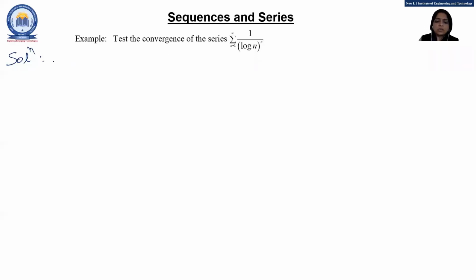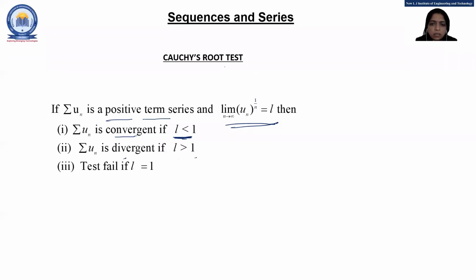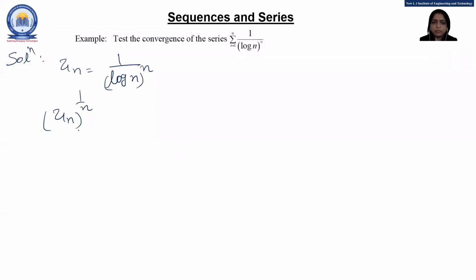Here, what is your nth term? That is 1 upon log n raised to n, right? For the root test, I want un raised to 1 by n, which means we want the nth root of un.